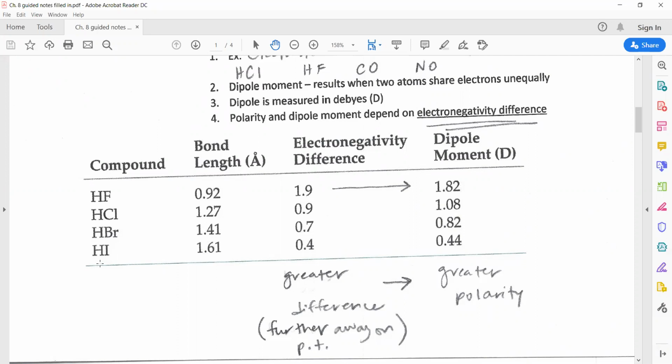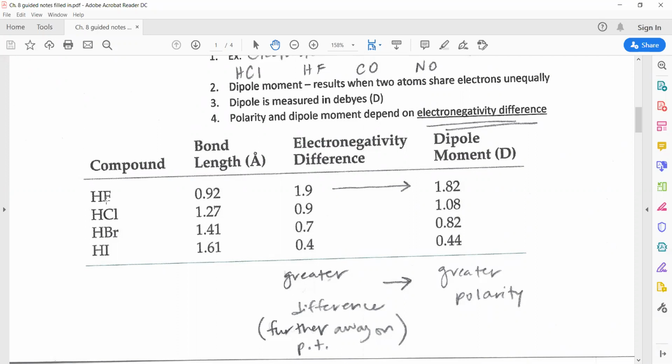Whereas if you go down here to H and I, remember I is way down the periodic table from fluorine, so I is not very electronegative. Hydrogen, not very electronegative. They're both very wimpy. They only differ by 0.4. Do you see how they differ much less than the H and the F? They differ less and they have a smaller dipole because they don't have as much of a polarity or a difference between their electronegativities.